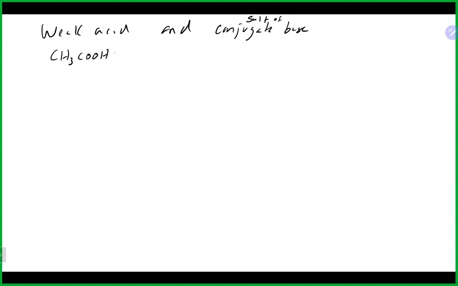So, for example, if we talk about our weak acid and the salt of a conjugate base, for example, if I had acetic acid, that is a weak acid. And if I mixed it with sodium acetate, that is going to be my conjugate base in this case.